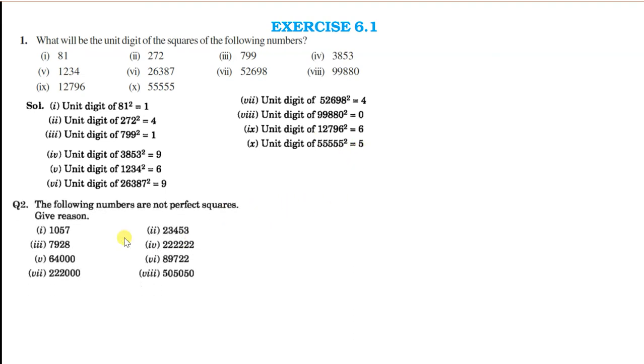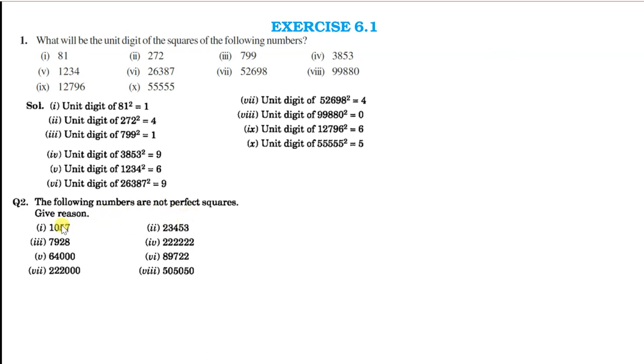Next is, the following numbers are not perfect squares. We have to give the reason. In the previous lesson, we discussed that if a number is ending in 2, 3, 7 or 8, it will not be a perfect square number. Or if a number has an odd number of zeros at its end, then it will also not be a perfect square number.